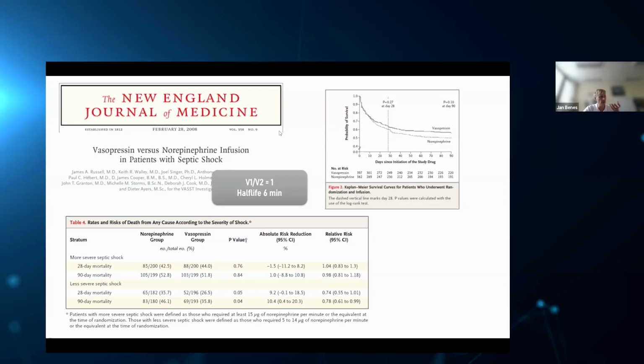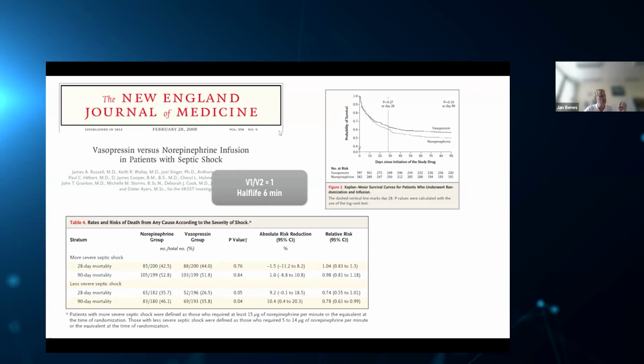And we know from the guidelines that this is really the moment when we should start considering vasopressin as the line 2 substance. Important on vasopressin, it has the V1 and V2 receptor agonisms of 1:1. V2 is antidiuretic response, V1 is vasoconstrictive response, and it is having a short half-life.